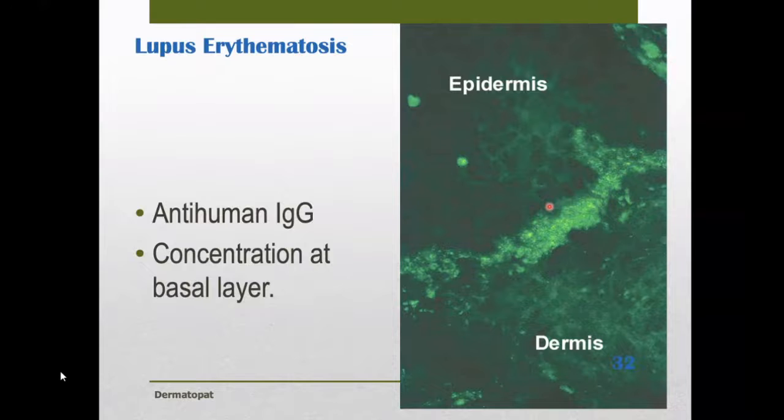So here they have done immunofluorescence in situ. Where you see it more bright is where it is positive. Anti-human immunoglobulin came to bind this part, and you see it is at the junction of the epidermis and the dermis.